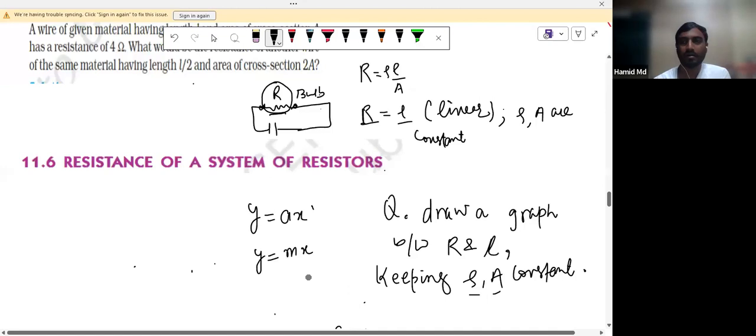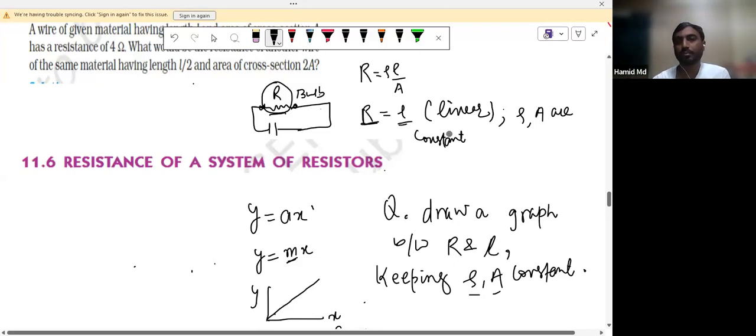So do you feel that this equation is the same as R is equal to L? How will we draw the equation for this? Y, this is X, M is the slope, right? So it is like that. Clear? Suresh, it's clear? Yes, sir. The linear equation in two variables is like that.